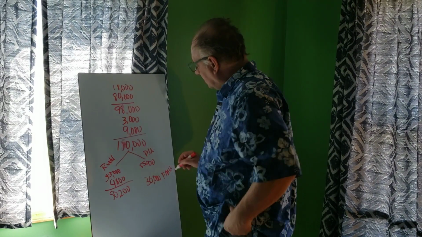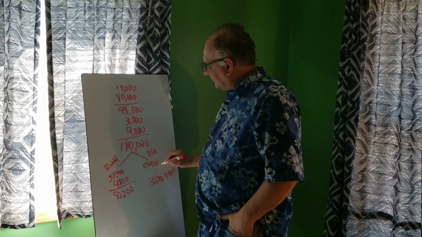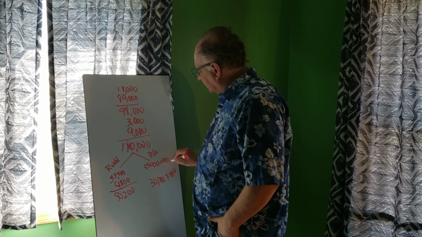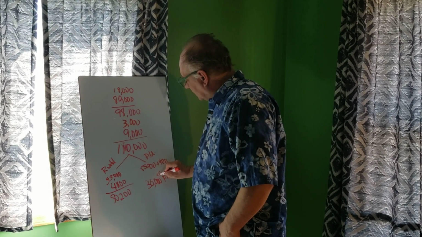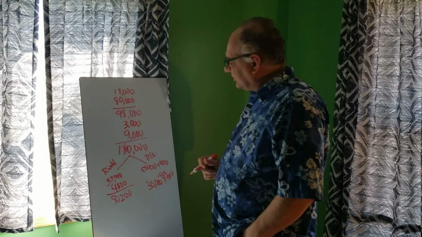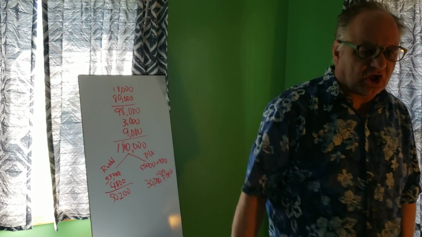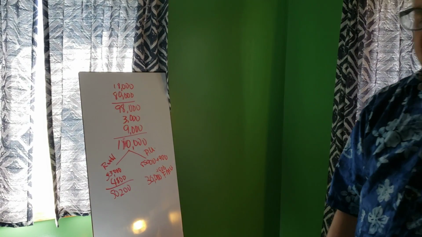We have a gain basis, which is going to be this $55,000 plus the $900 in painting. We have a loss basis, which is going to be the $30,000 plus the $900 in painting.